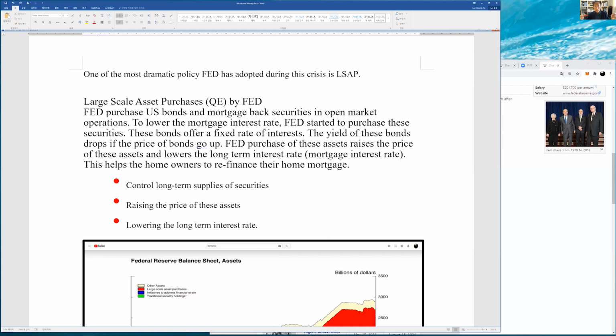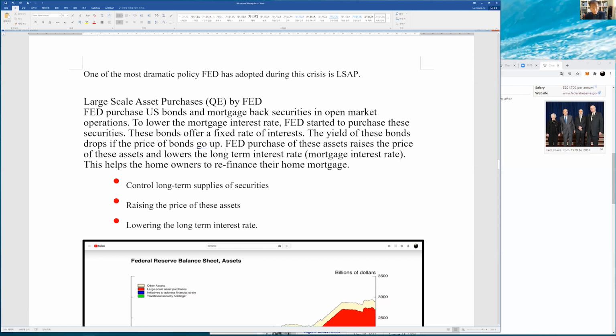Since the supply of these mortgage-backed securities is reduced, then the price has to go up. If the price goes up, the yield rate of this bond goes down, and then the Fed can achieve its goal of lowering the long-term interest rate.